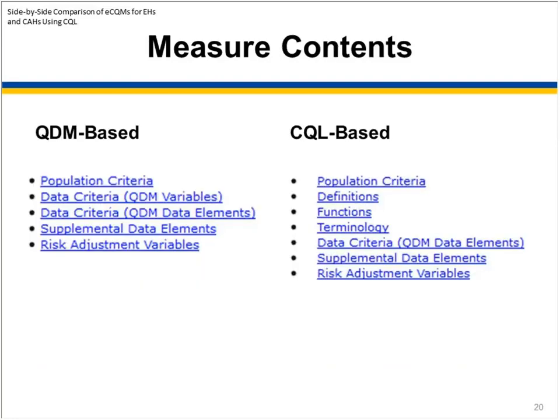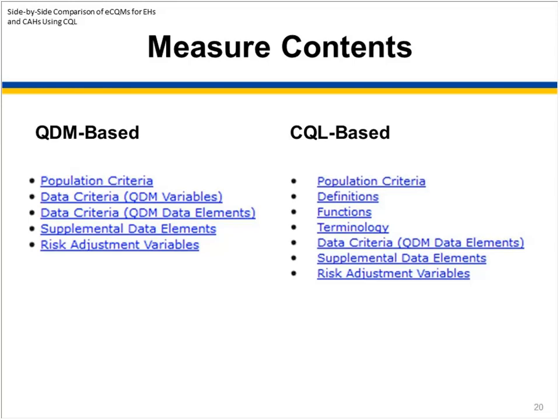So looking at the measure contents, for QDM-based, we have these sections: population criteria, QDM variables, and so on. With CQL-based, we still have the population criteria. Data criteria has become definitions. These are all the definitions that are used throughout the measure. Then we have functions. The measure authors can introduce functions to perform calculations. Those will be available in that functions section.